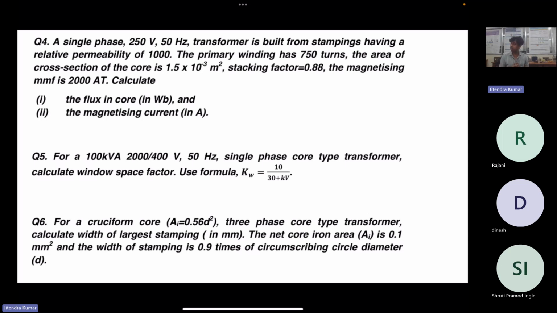See carefully the fourth problem. Read the problem, please.